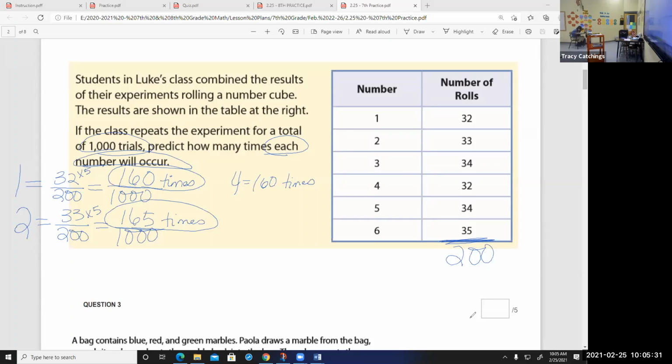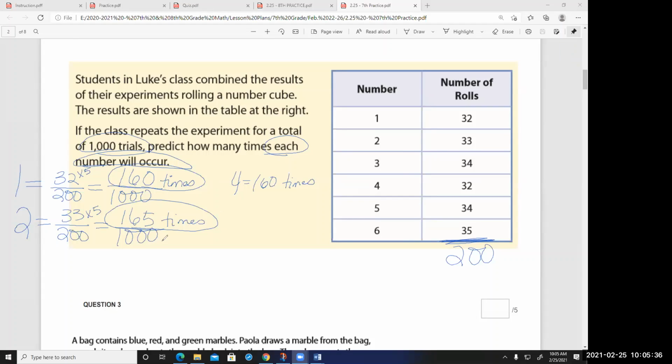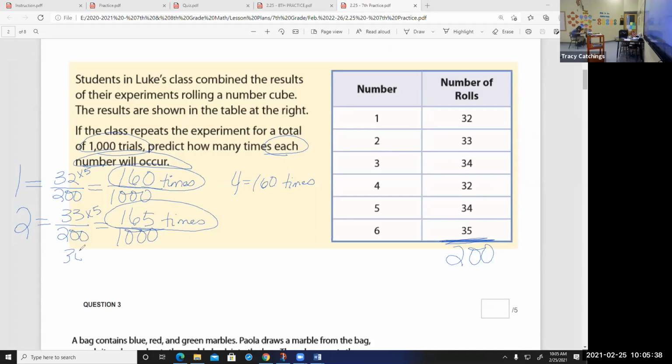All right, looking at 3. All right, somebody said 34, and we already know that's out of 200. We already know we're trying to get to 1,000. So we already know we're multiplying by 5.